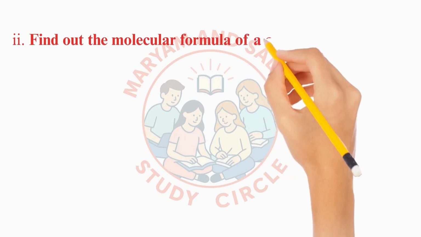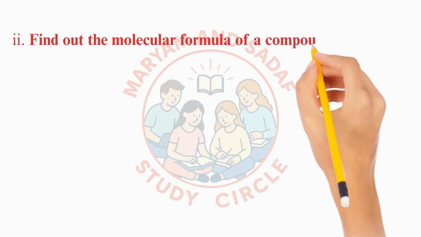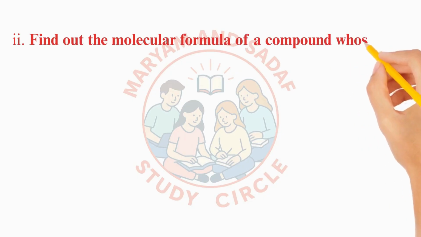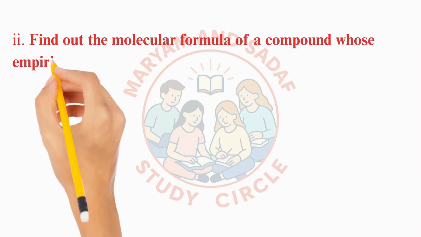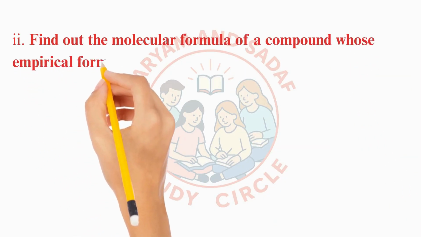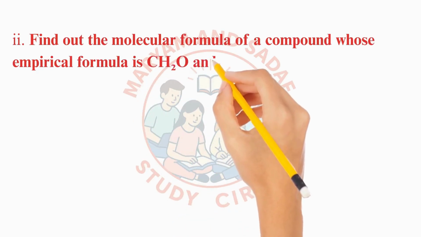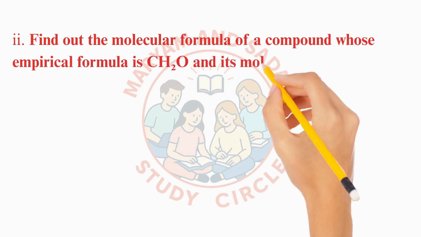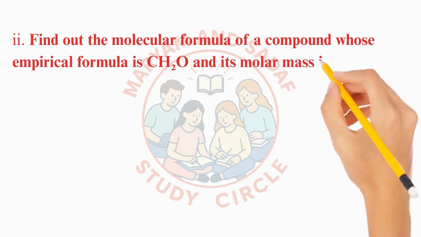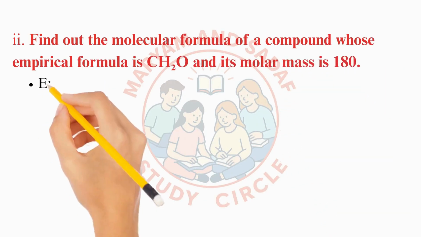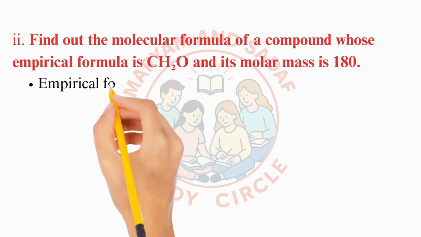its molar mass is 180. Empirical formula mass equals (12 + 2 + 16) equals 30 g mol^-1. n equals molecular mass divided by empirical mass equals 180 divided by 30 equals 6.